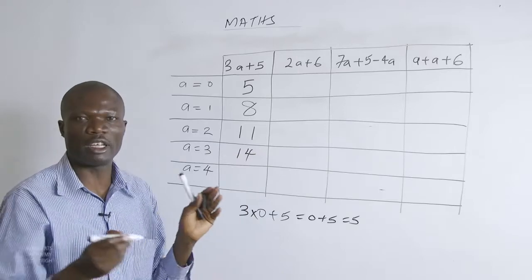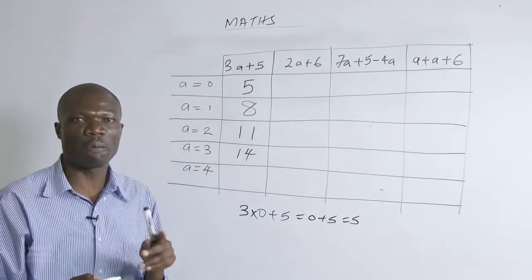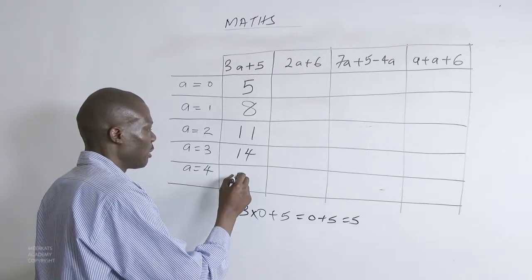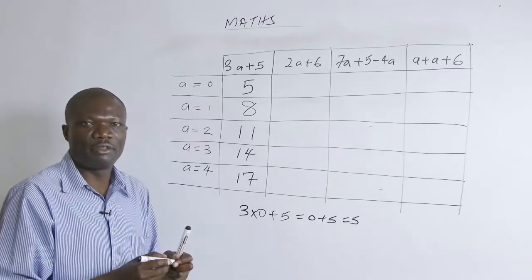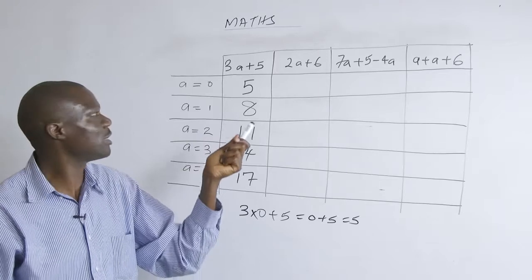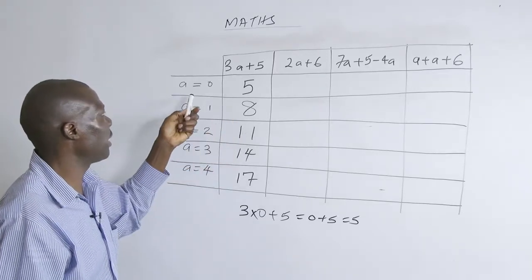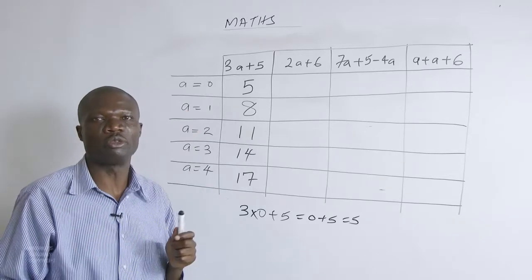And finally, given that a is 4, it is 4 times 3, which gives us 12, and 12 plus 5 is 17. So these are different values of the expression 3a plus 5, given that a ranges from 0 all the way to 4.